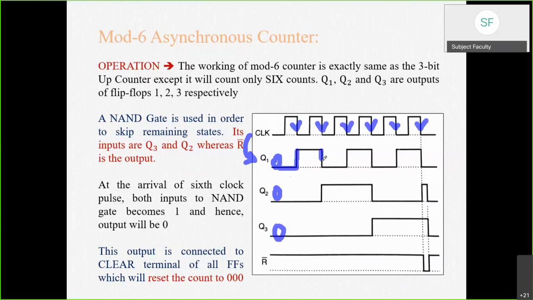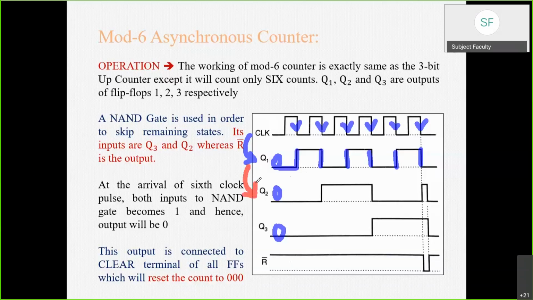Similarly, the transition will be happening at the negative edge only, either from 0 to 1 or 1 to 0. Then the next point, Q2. For Q2, Q1 is the clock signal.